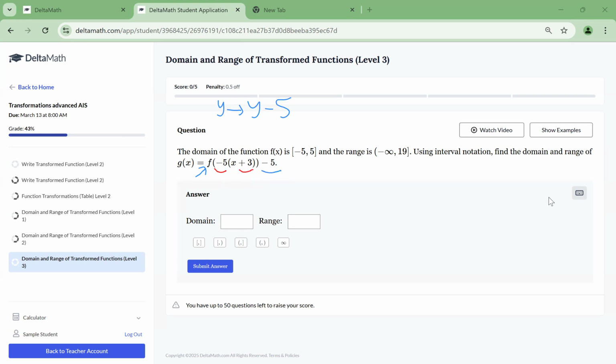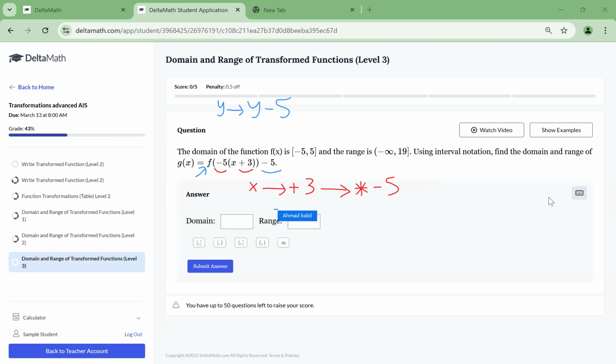So we have to do two things. We have to reverse the order of the operations, and we have to reverse the nature of the operations themselves. So what is x experiencing here? By I, we see that x first experiences +3, and then experiences times -5. So what we're going to do is reverse the order.